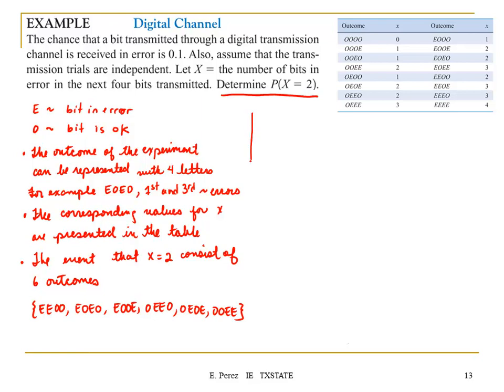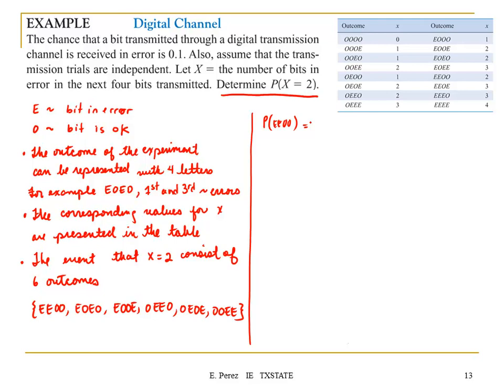So what would be the probability of this outcome? What is the probability of E, E, O, O? How do you find that probability? So we have 4 independent events, right?